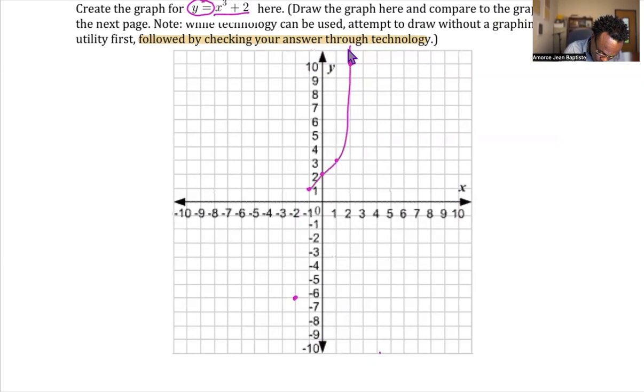All right, so then we get that. It goes all the way to infinity. So that's a graph for y equals x cubed plus 2.